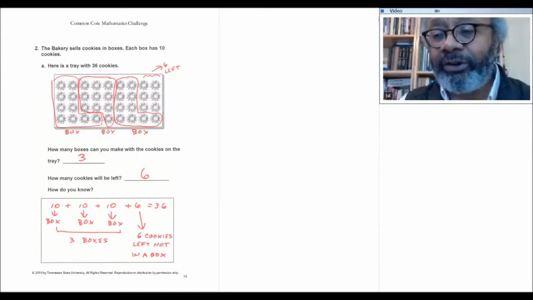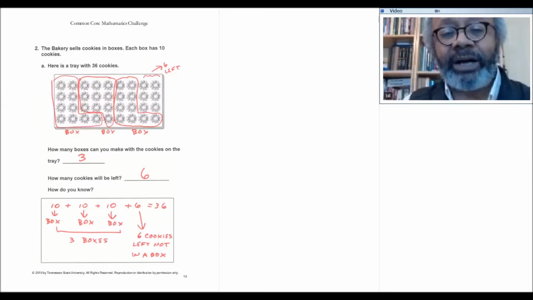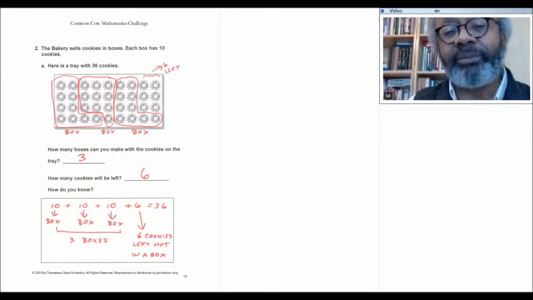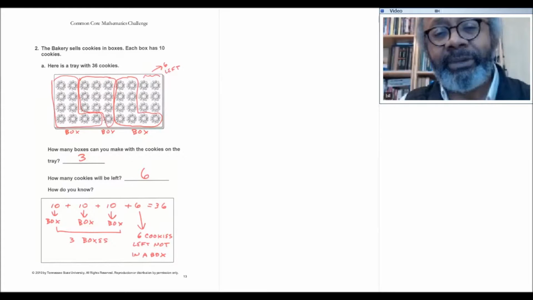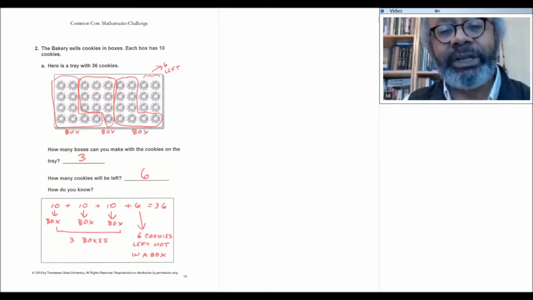You see the word box under there 3 times, 3 boxes, 3 tens. But that's also supported by the picture that they can draw around, namely 3 irregular boxes enclosing the 30 cookies, and they can actually see the 6 individual cookies left over.